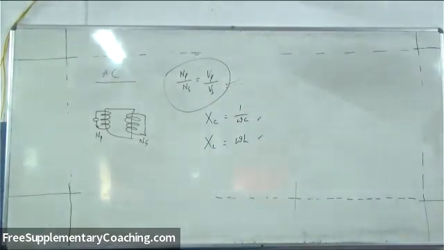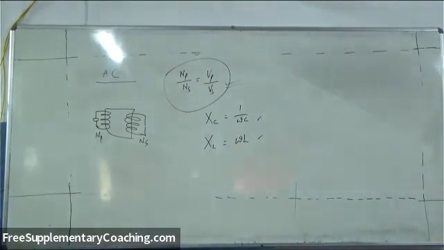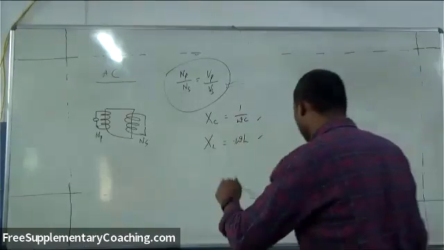And one of the last important questions from this chapter, you see: a transformer converts 220 volt AC into 2000 volt AC. Calculate the number of turns in the secondary coil. Primary has 10 turns.